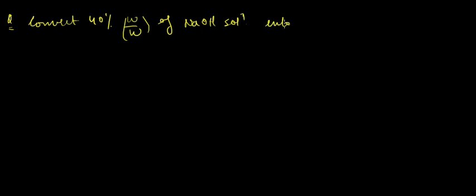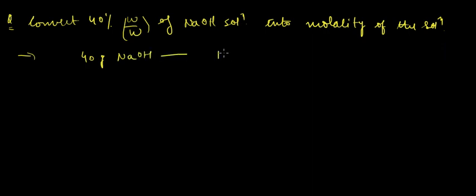So you have to convert a 40% W by W solution of, let's say, NaOH solution into molality of the solution. I've been given that 40 gram NaOH exists in 100 gram of solution, and this implies 60 gram of water.